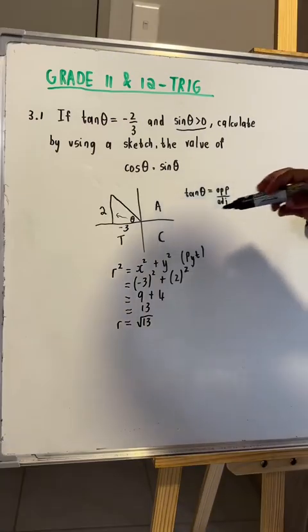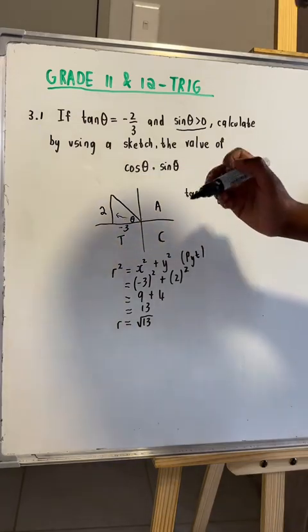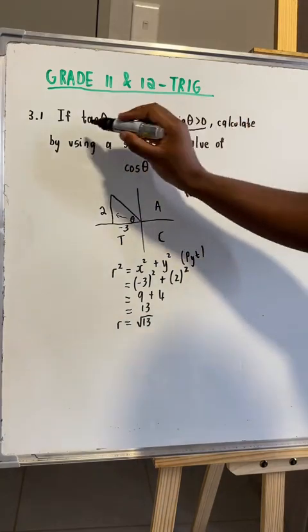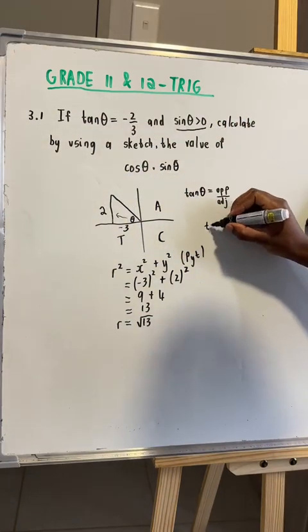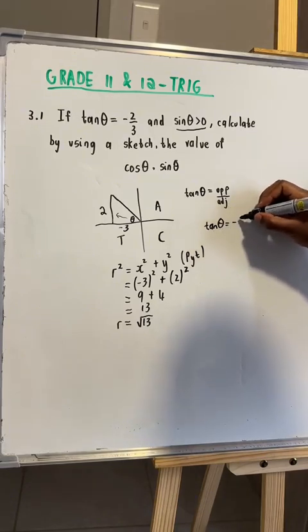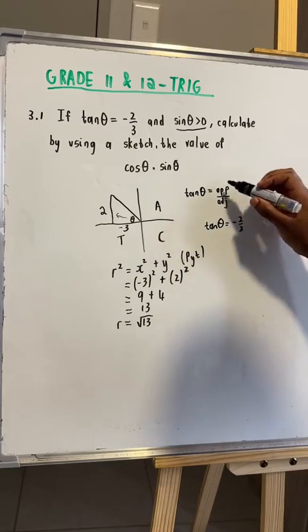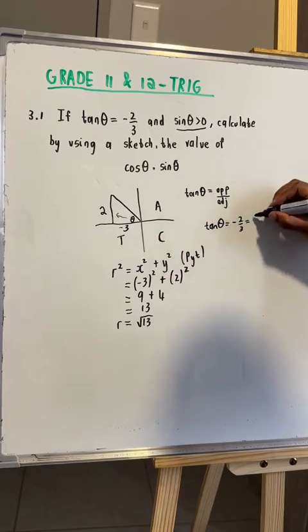For those who are confused about how I sketched our diagram, here's a little explanation. We know that in the question we are given that tan of theta is equal to negative 2 over 3. From trigonometry, we know that tangent is equal to the opposite side divided by the adjacent side.